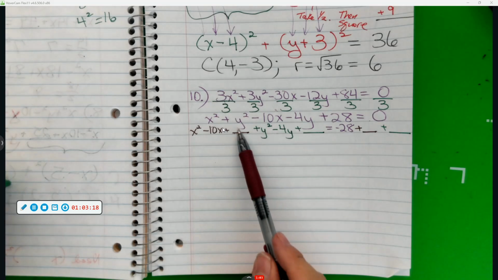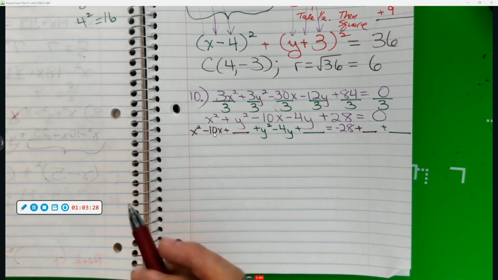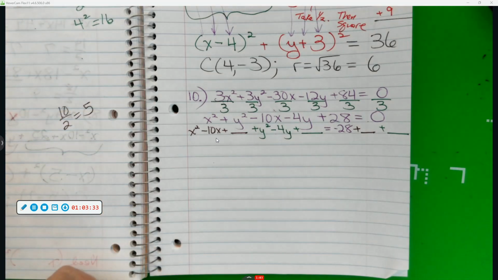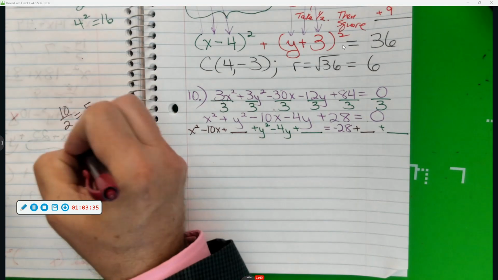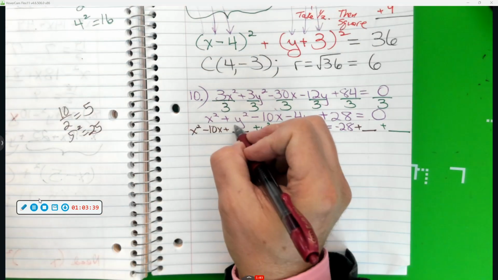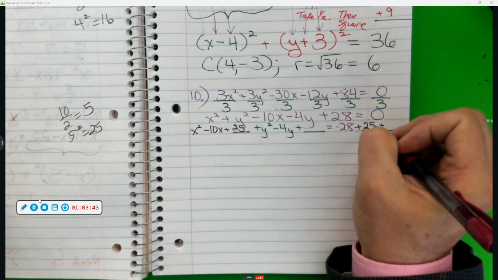I'm waiting for y'all to tell me what's going to go in this first blank. Half of, we take half of 10, so half of 10 is 5, and then 5 squared is 25. So we put a 25 here and a 25 there.